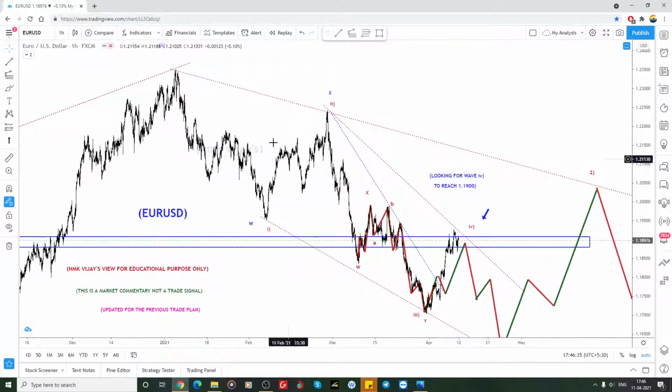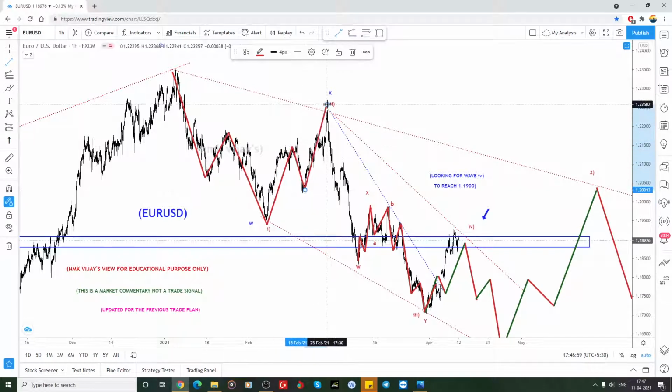In EUR/USD also, here ABC is a 1, ABC is a 2, ABC is a 3, ABC is a 4, ABC is a 5. So as per what I said, whether this is a WXY, or it is the end of 1, 2, 3, 4, 5. See, here is ABC as 1, ABC as 2.